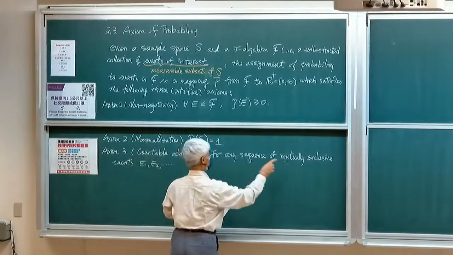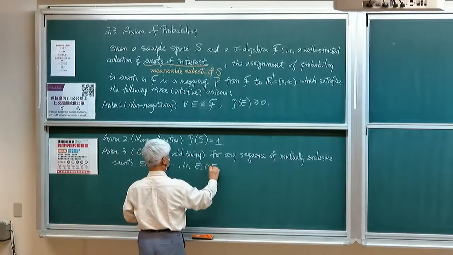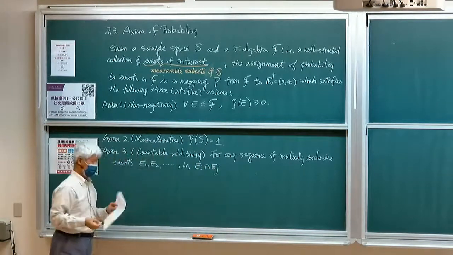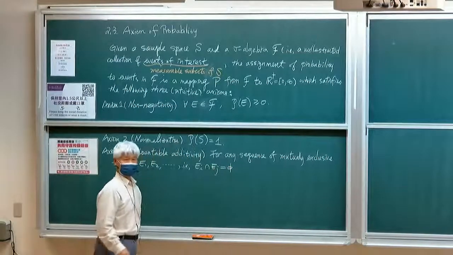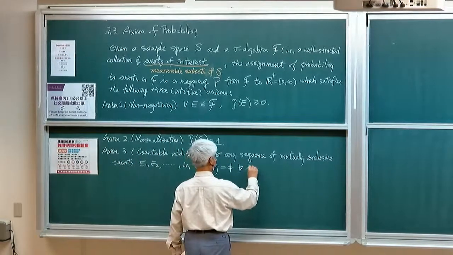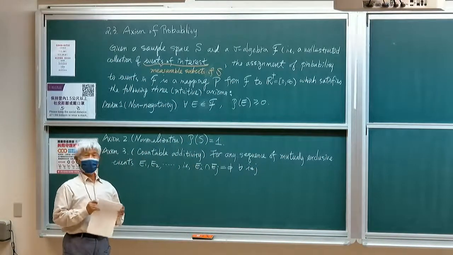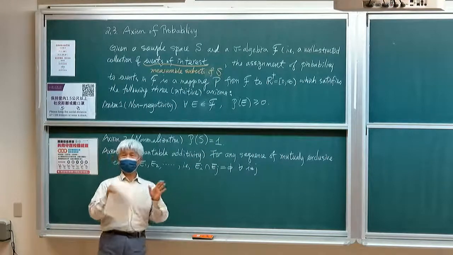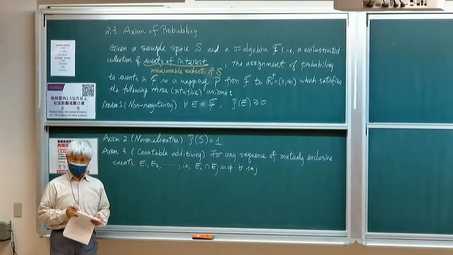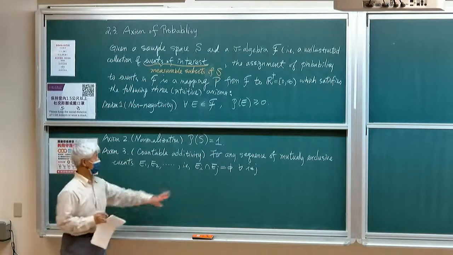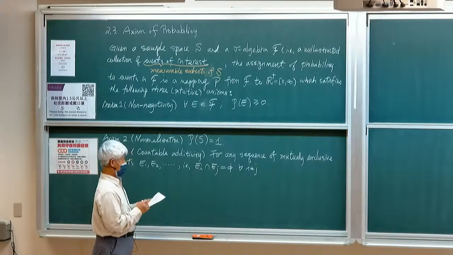And mutually exclusive means that for each Ei, the intersection with Ej is the empty set, for all i not equal to j. So they are exclusive because any two of them have empty intersection. Okay, so that is the meaning of mutually exclusive.